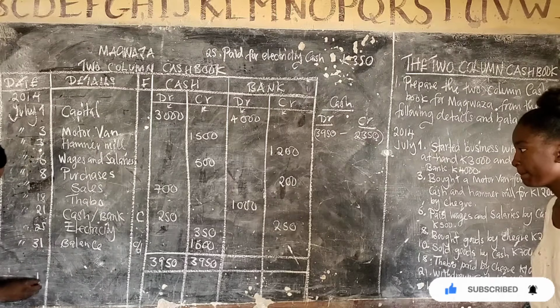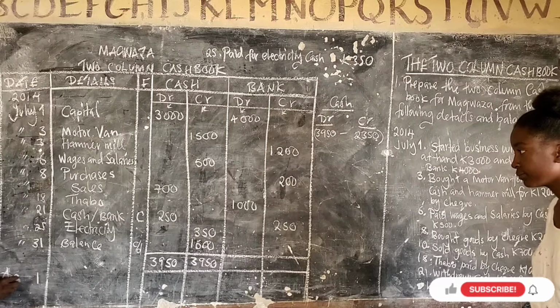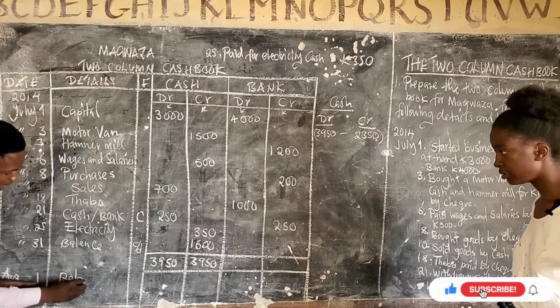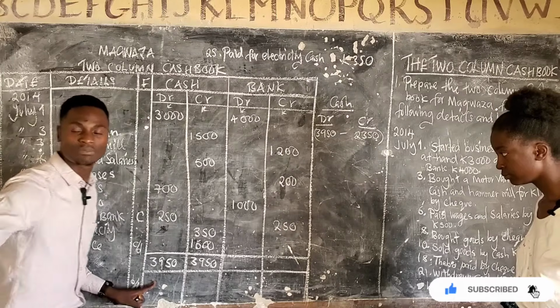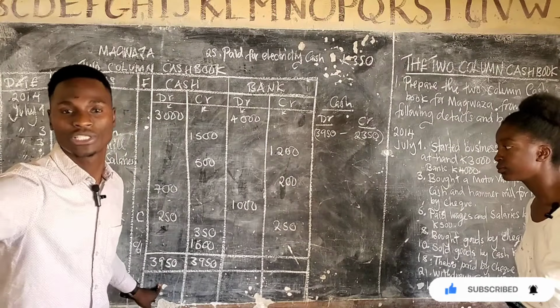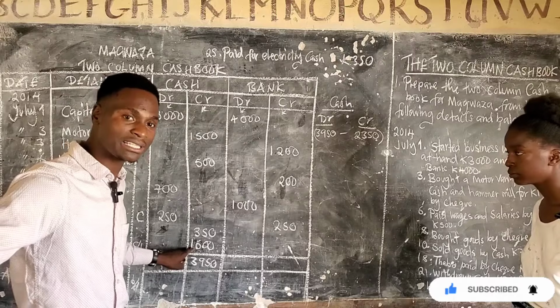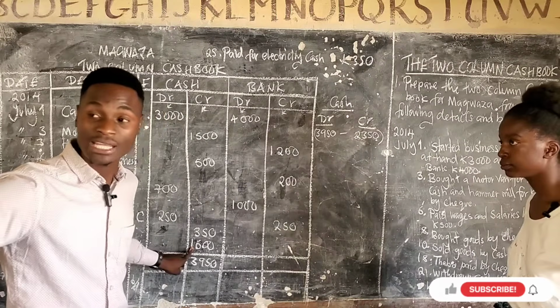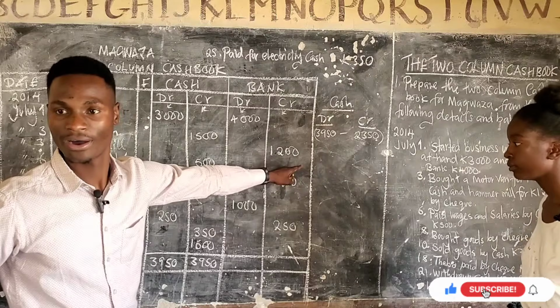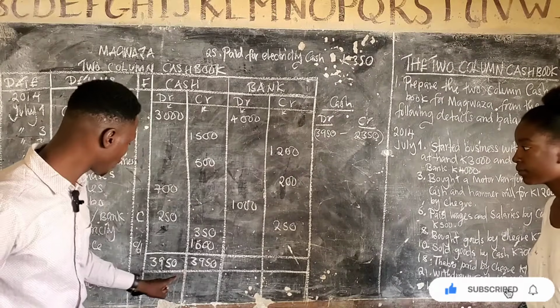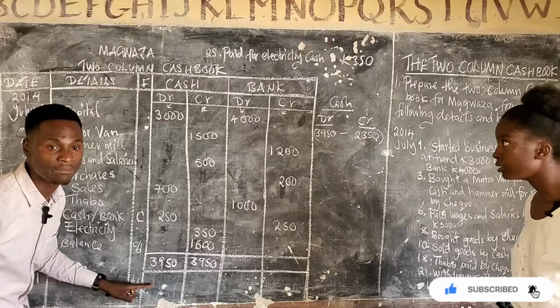On August 1, you're going to say balance brought down. You put the same balance carried down, that difference, on the side where it was more, the debit side.